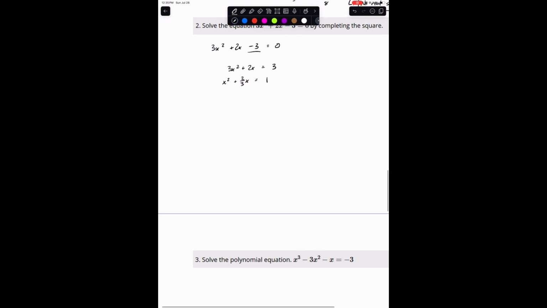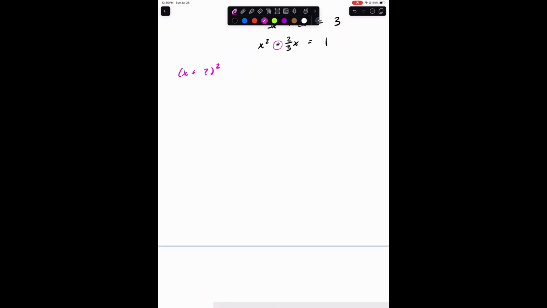Now, for completing the square, I know that because I have a plus sign, I want something in the form of x plus a, squared. Then I know that I will get x squared plus 2ax plus a squared.